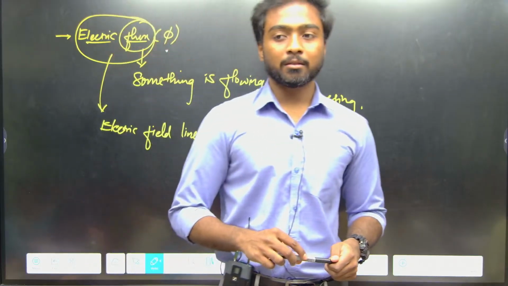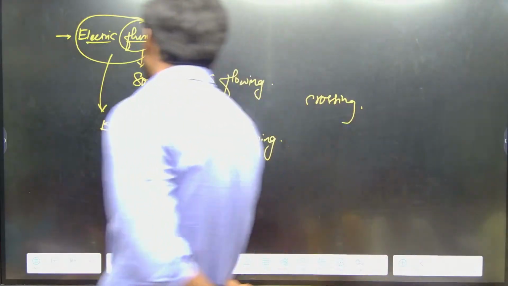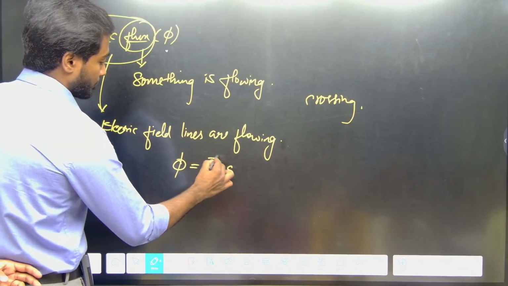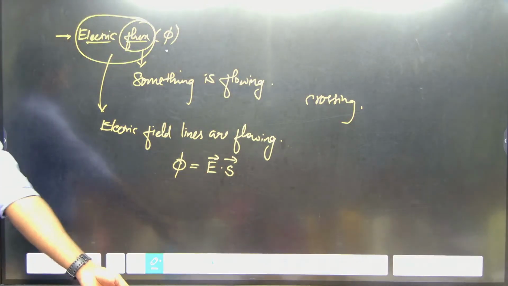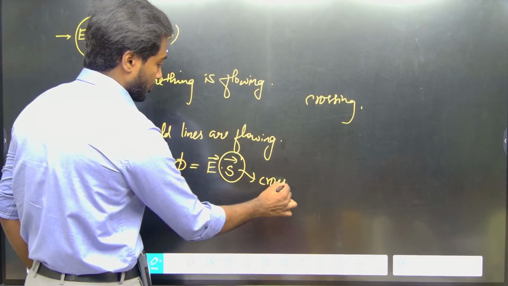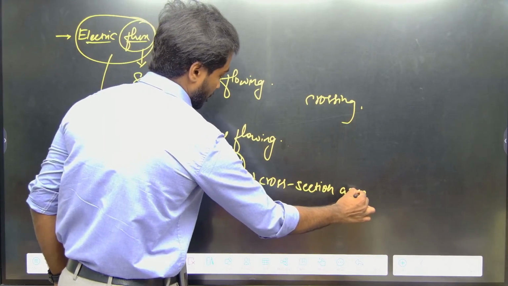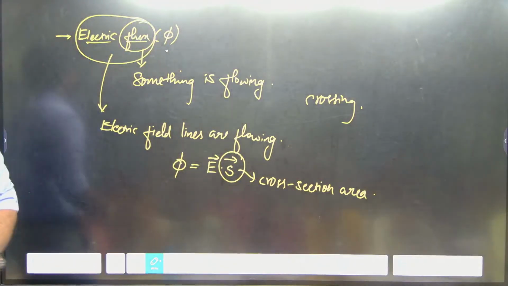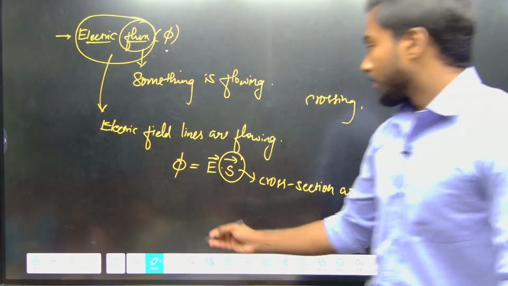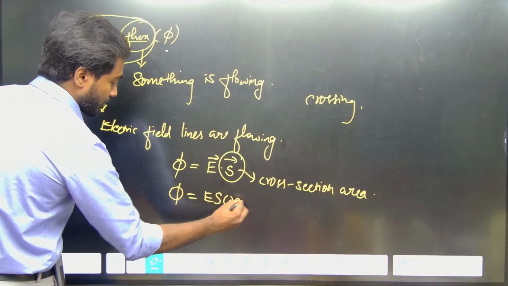Okay, these are the three important things for the electric flux, and the formula is phi is equal to E dot S. S is nothing but the cross section area. So when we are using the dot product, what is the angle we will get, sin or cos? Cos. So phi is equal to ES cos theta.